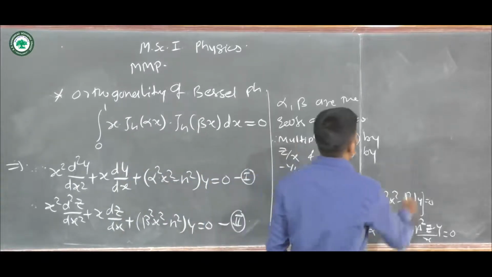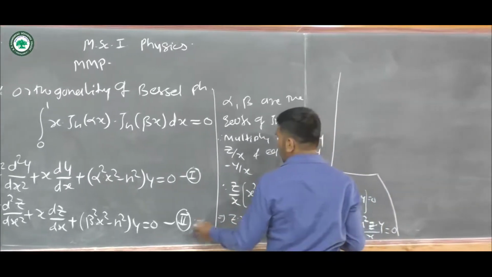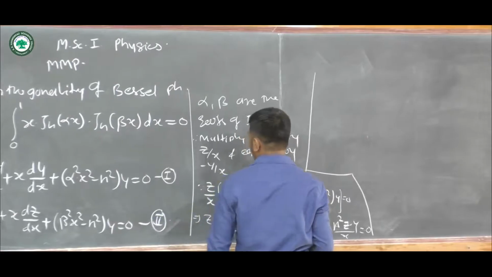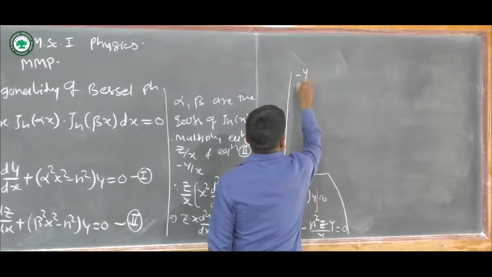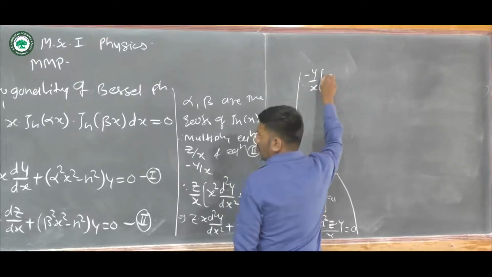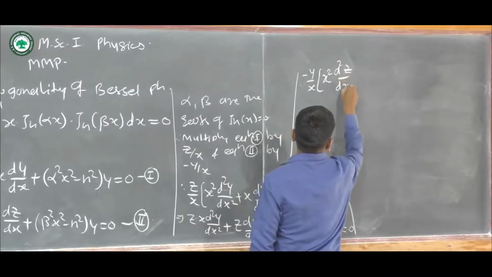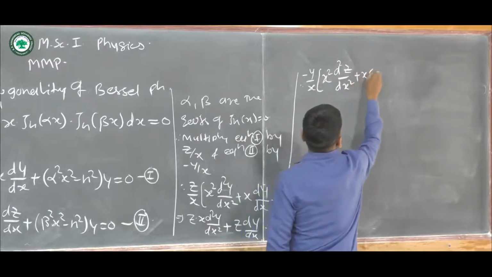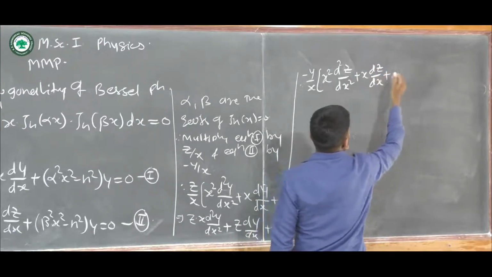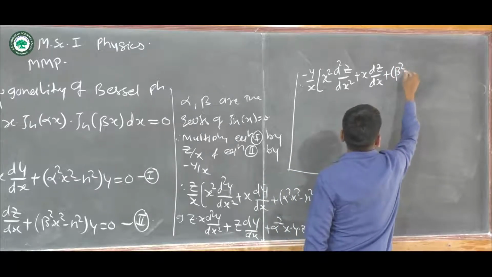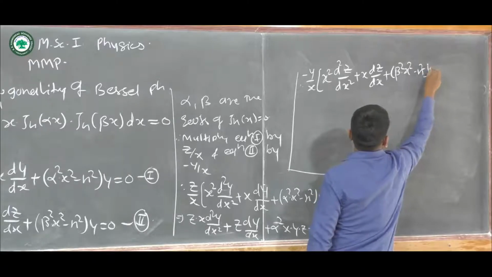Now similarly, if I multiply equation number 2 with minus y by x, it is minus y by x into (x square d square z by dx square plus x dz by dx plus (beta square x square minus n square) z) is equal to 0.